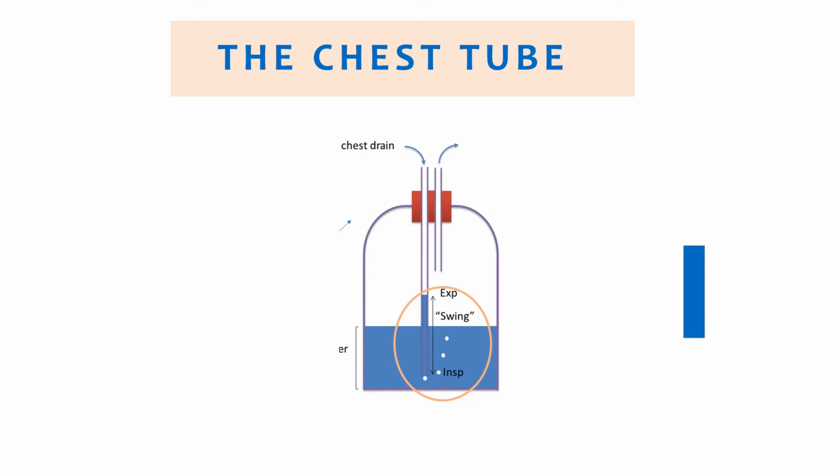It is continuous initially, and towards the end, when it is resolving, it becomes intermittent. And every time the patient coughs or something, there can be a bubble or more than a single bubble. That's variable. And when there is no bubbling, generally that means there is no pneumothorax left, but we shall see that is not always the case.